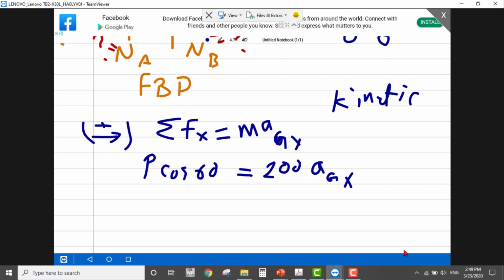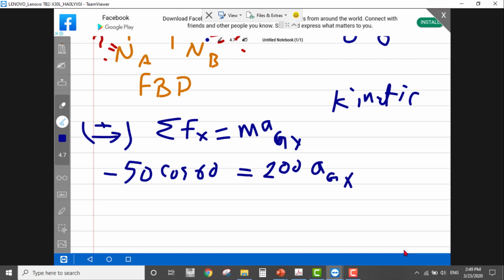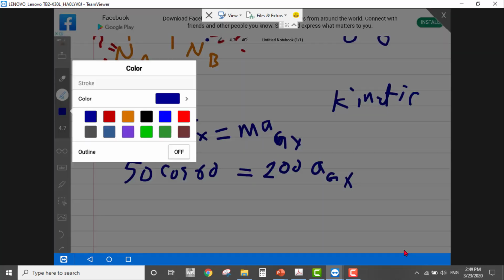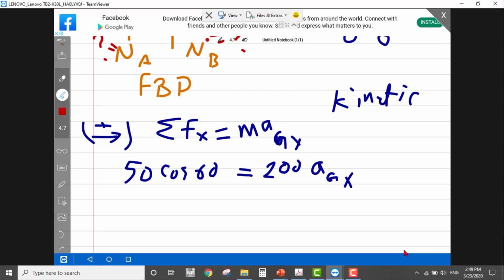So this equation has only one unknown, because B is given, which is 50. So let me erase it and write 50. And it acts in the negative direction. Sorry, I forgot that. And by the way, let me emphasize this point.